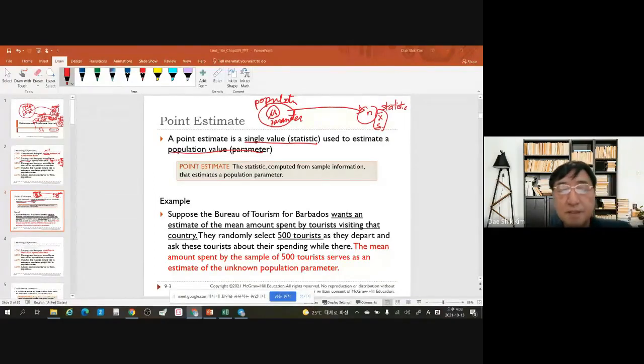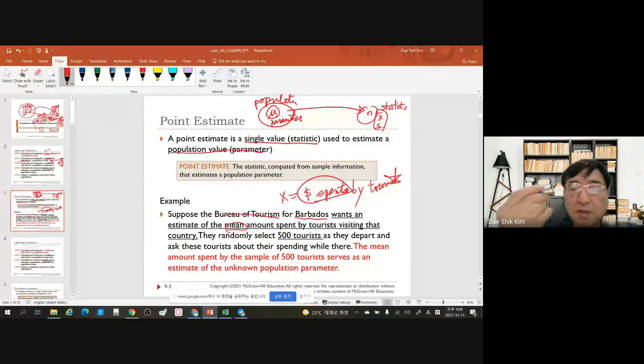Example: suppose the Bureau of Tourism for Barbados wants to estimate the mean amount spent by tourists visiting the country. Barbados is a country name, and the Bureau of Tourism wants to find out the mean value. Let x be how much money is spent by tourists.